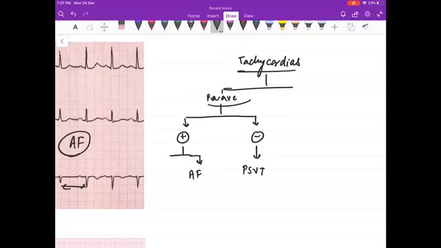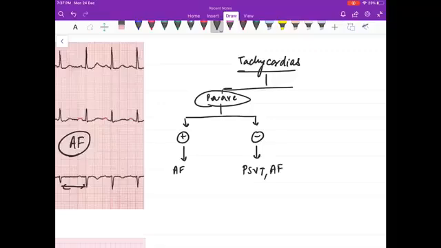So this is a very simple thing. You will see whether the P wave is present or not. If the P wave is absent and it is a tachycardia, then it is PSVT, and if it is present, then it is atrial flutter.